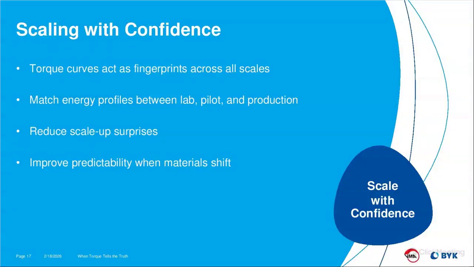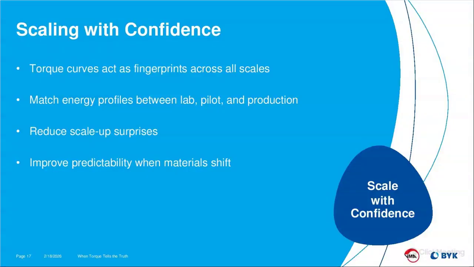If you get your process really dialed in, that torque curve is transferable to larger volumes, so you want them to look the same. So you're basically matching your energy profiles between your lab, your pilot, and your production scale product runs, and this reduces the scale-up surprises. And what it also does is it improves the predictability when material shifts.